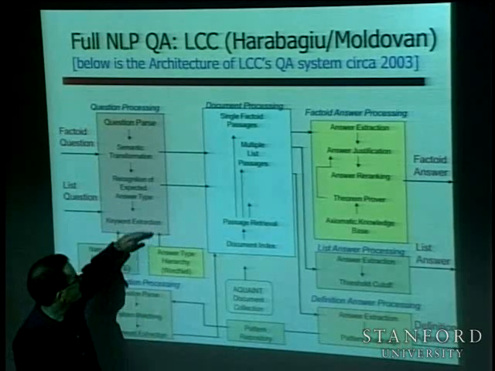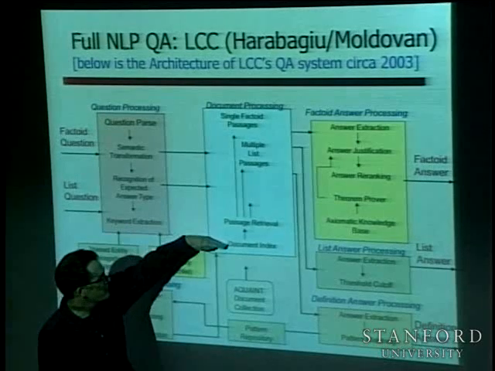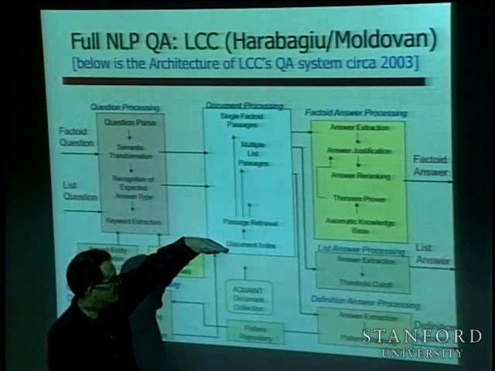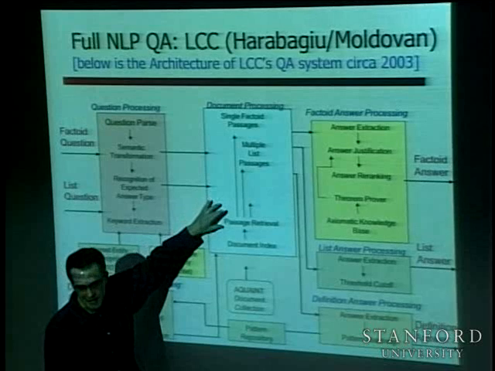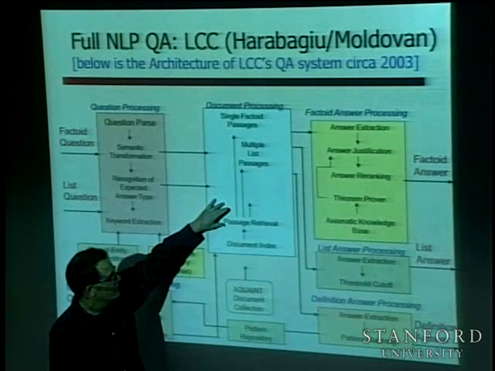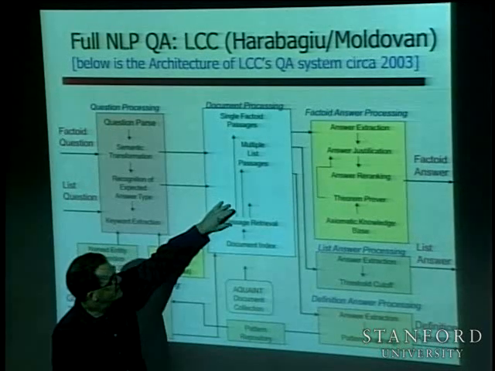Okay, so for the information retrieval, you have a document index. You do basically IR, but it's at the level of passages. So you retrieve candidate passages.